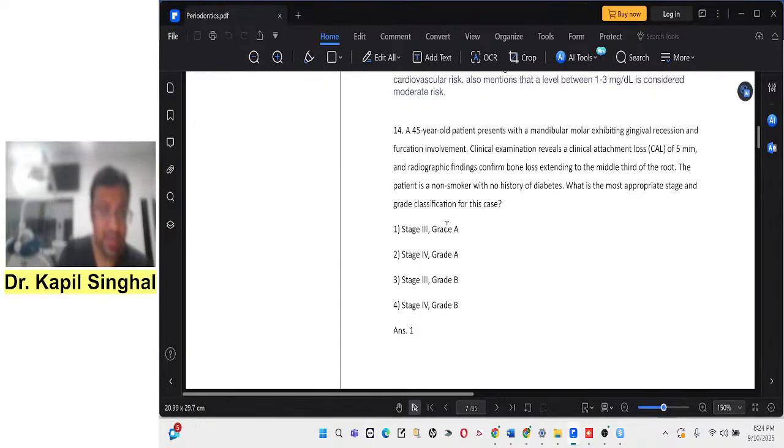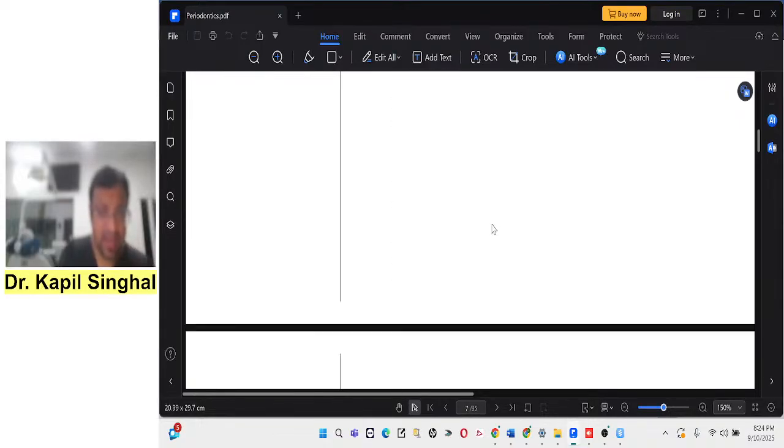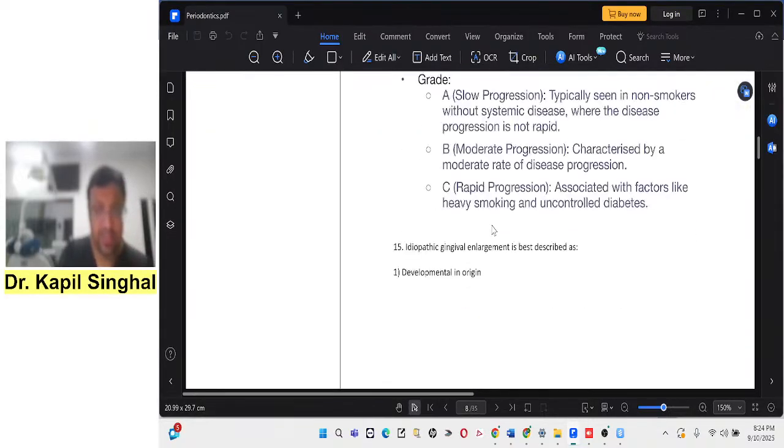Now there is one more thing, that is grading, grade A, B, C. Grade A is when the patient is a non-smoker and has no history of diabetes. So there is a grading system at which it is graded into A, B, C. A is slow progression, B is moderate progression, C is rapid.